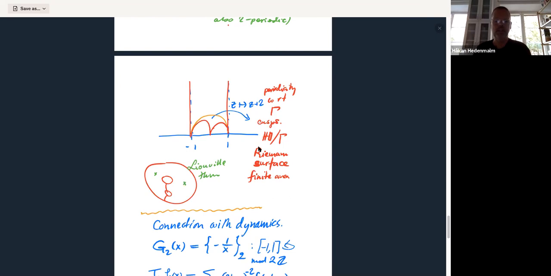Let me also say that there is a connection with sphere packing.